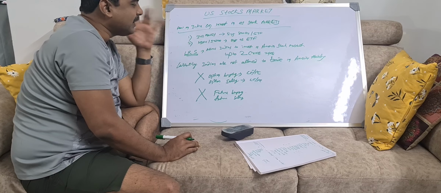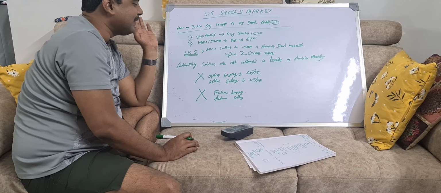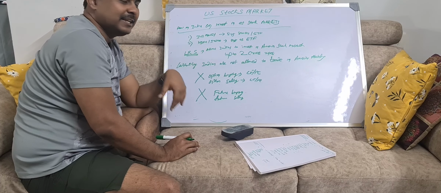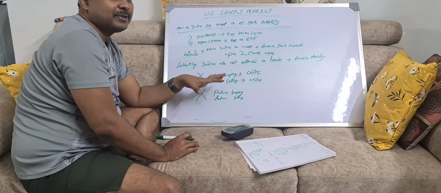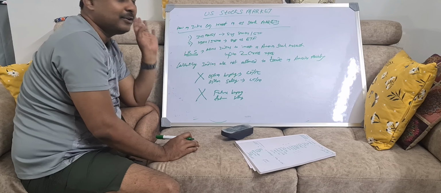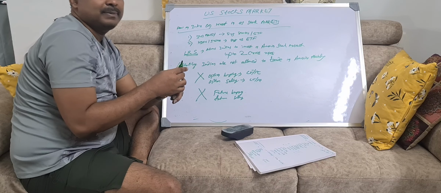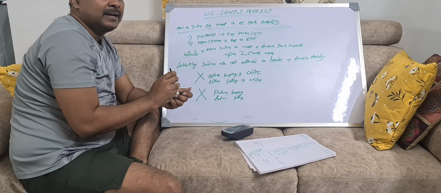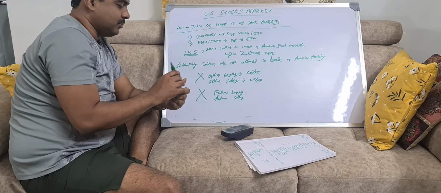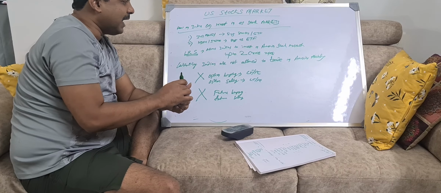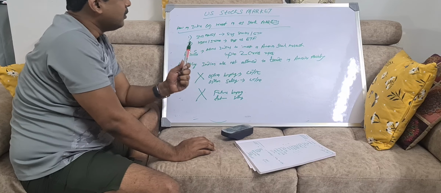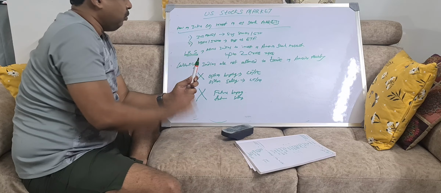He can invest wherever he wants with his own money. But we as Indians sitting in India can't do option buying, option selling, future buying, or future selling. Indians are not allowed at this moment. Maybe if there is some rule change in India, I will let you know. But currently it is not allowed.